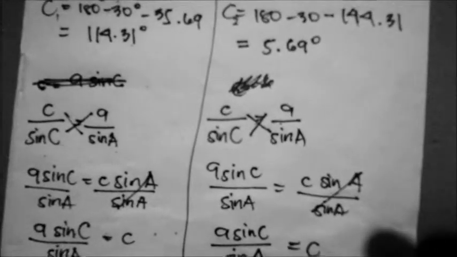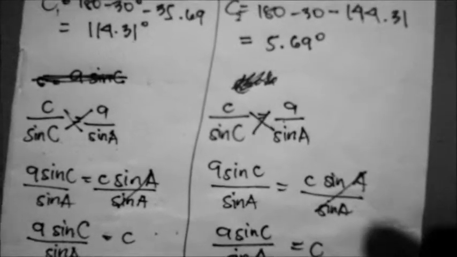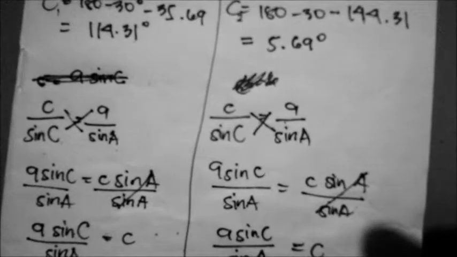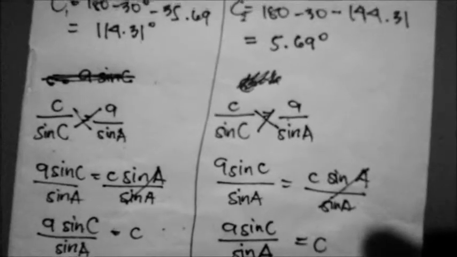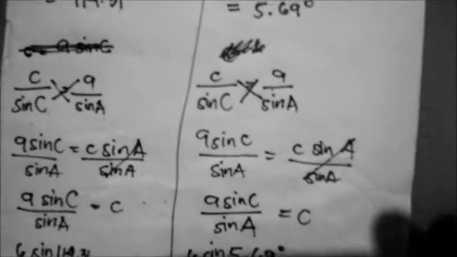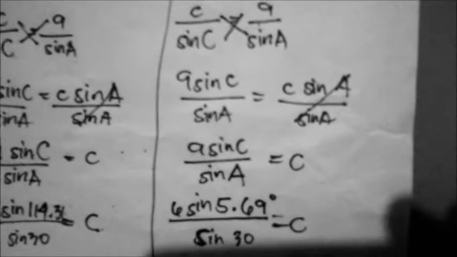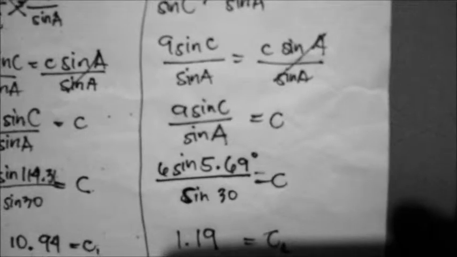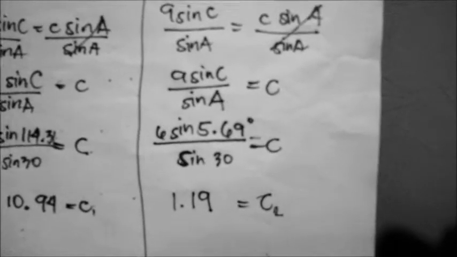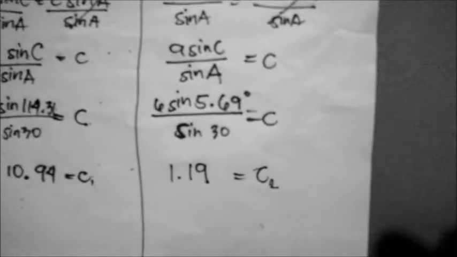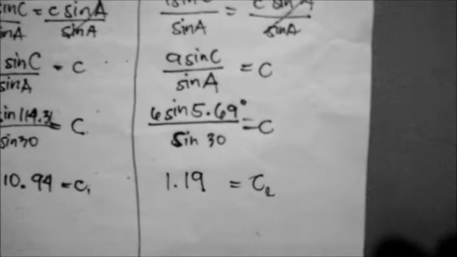Finding the value of side C sub 2, we use the formula C over sine C equals A over sine A. Deriving the formula, we arrive at C equals A sine C over sine A. Substituting the values, 6 sine 5.69 degrees over sine 30. We got the value of 1.19 for C sub 2.